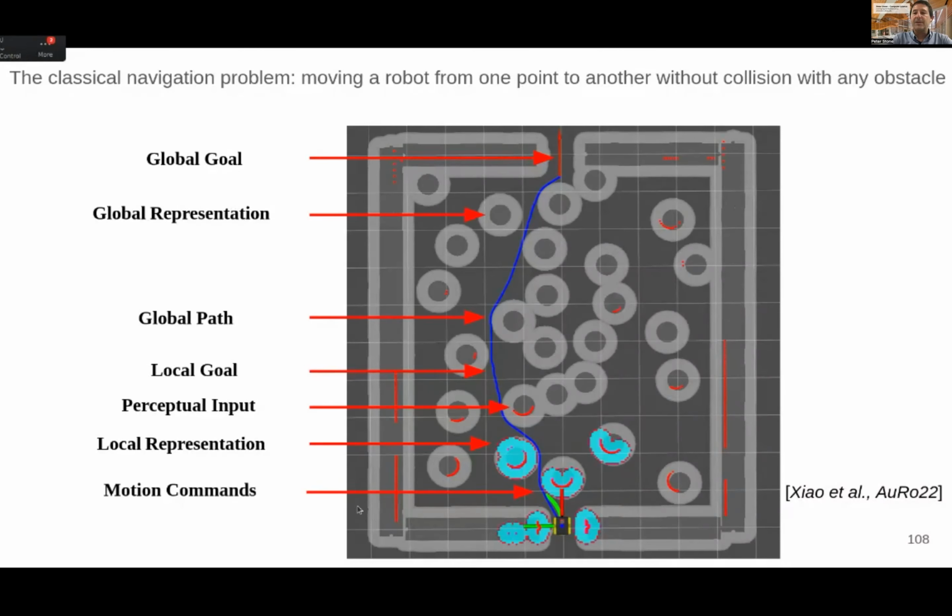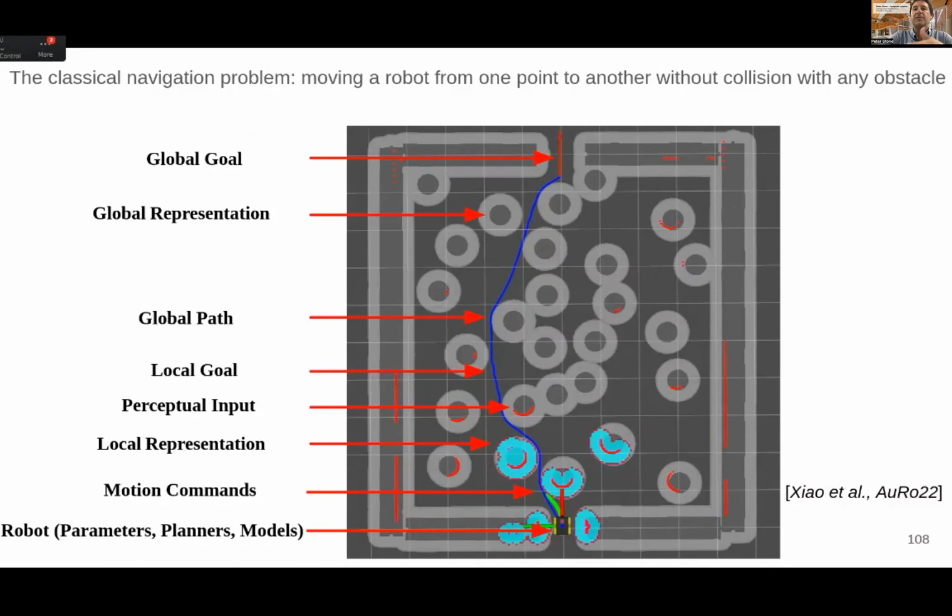And then even below that, there is a task specification of the motion commands, like, I want to accelerate and turn to the left, and that's a task specification for a PID controller. So robot navigation can be decomposed into these different task specifications of motion control, local planning, and global planning. And that's even in the business as usual kind of way.